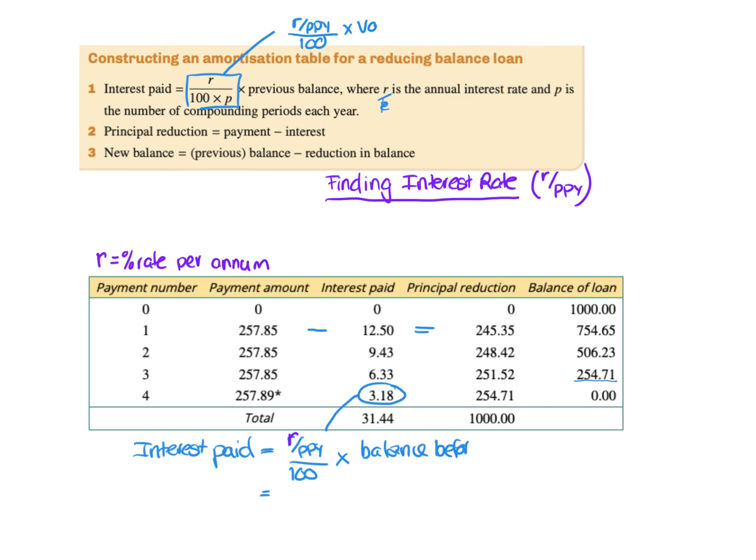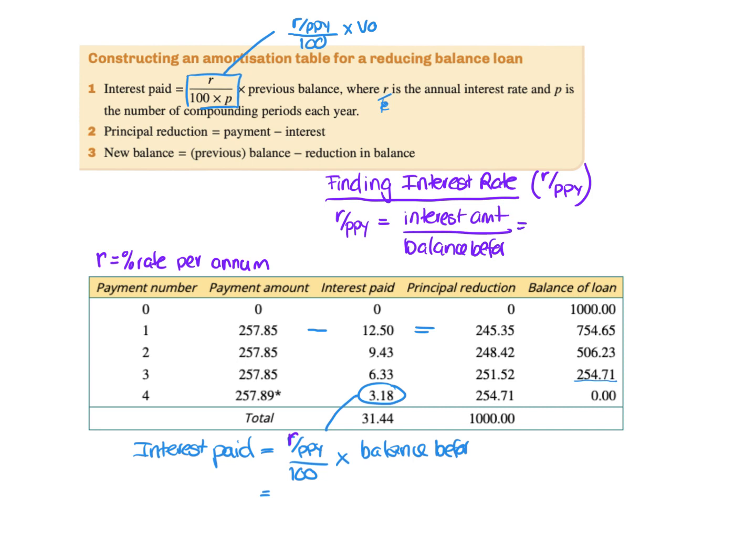Okay, so when you want to find the interest rate, I'm going to say R over PPY, that's what we're trying to find. It will equal an interest amount divided by a balance before. You could pick any one that you like.